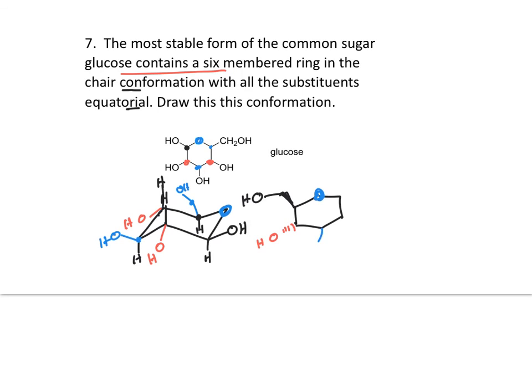So this would go at you with a wedge, and this carbon would go down, go back, and then this carbon here is above the ring, so it's up, so we would get a wedge. And that is the structure of glucose.